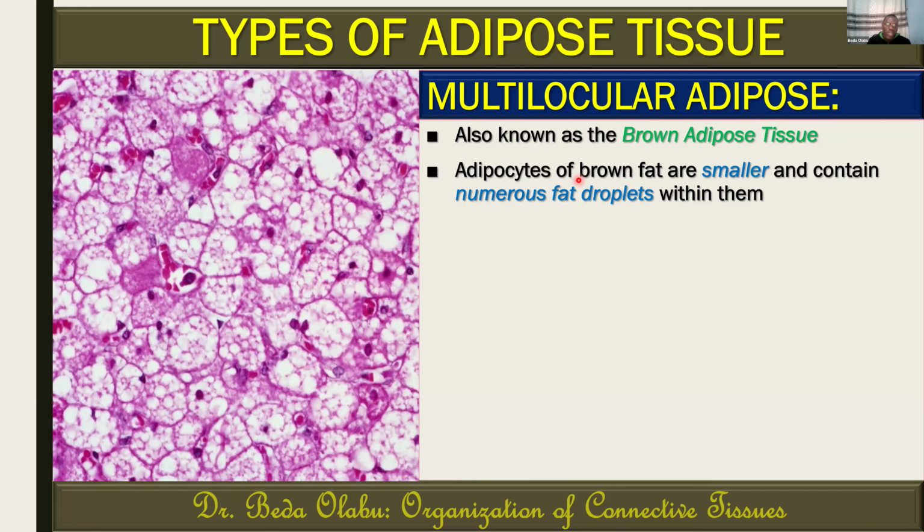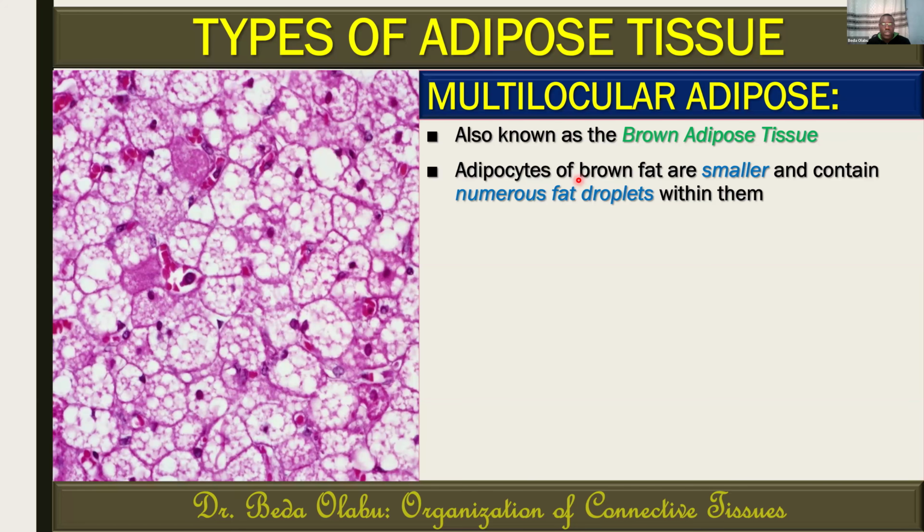Overall, adipocytes are large cells, whether unilocular or multilocular. But the unilocular adipocytes are much larger than the multilocular adipocytes. So the multilocular adipocytes are smaller than their unilocular counterparts.